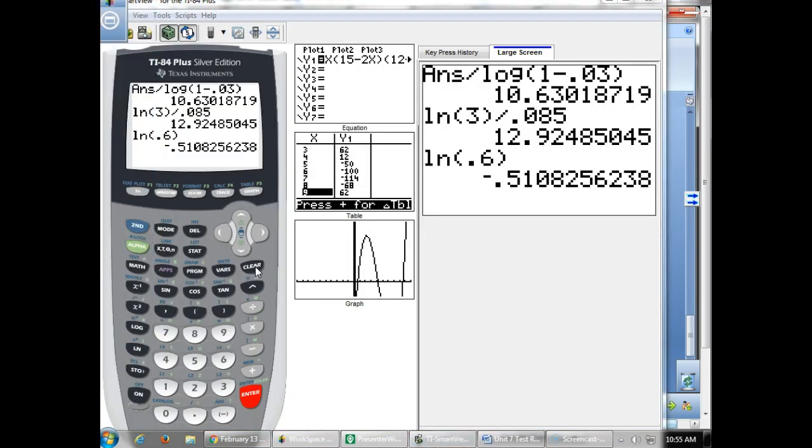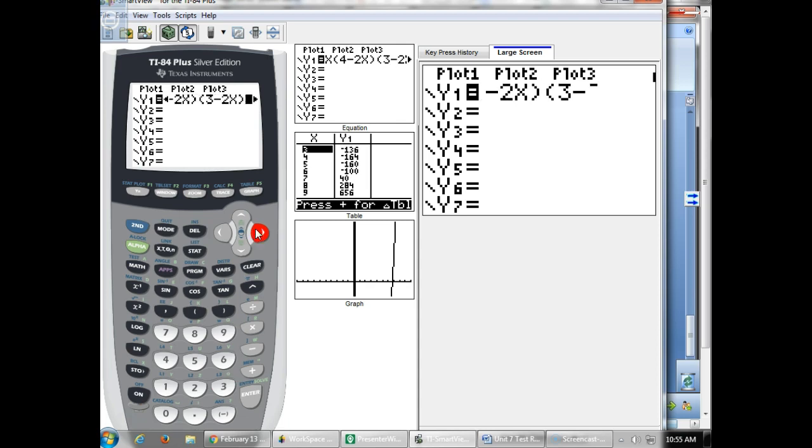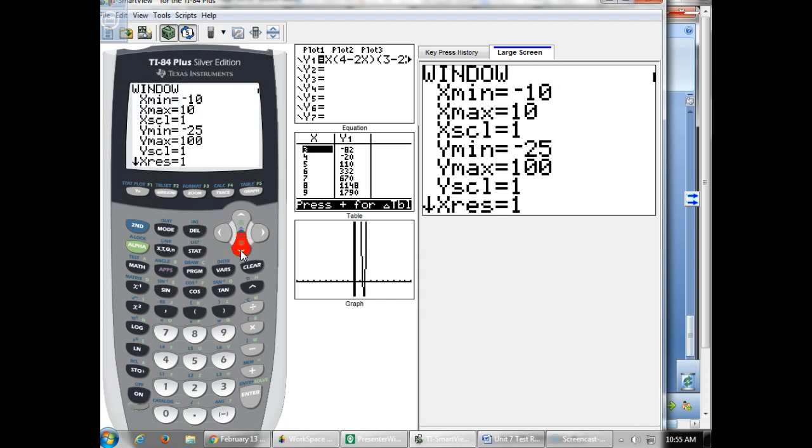Okay, so it's going to be x, and then it was 4 minus 2x. I'm going to kind of just change this up. And then it was 3 minus 2x, right? Okay, so let's see if our window is reasonable. And what are we modeling here?